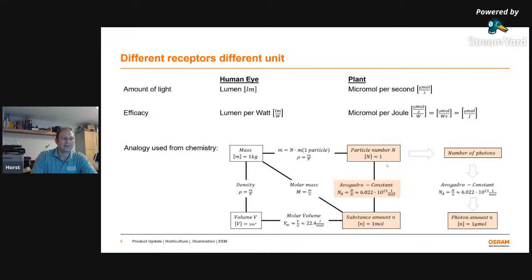So we take this number, and we say so many photons we have, and we try to bring it into some handy units.